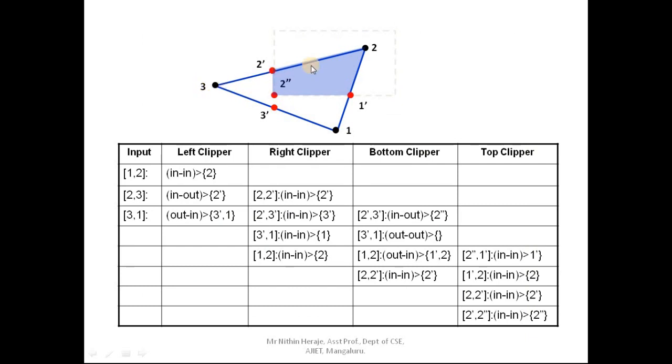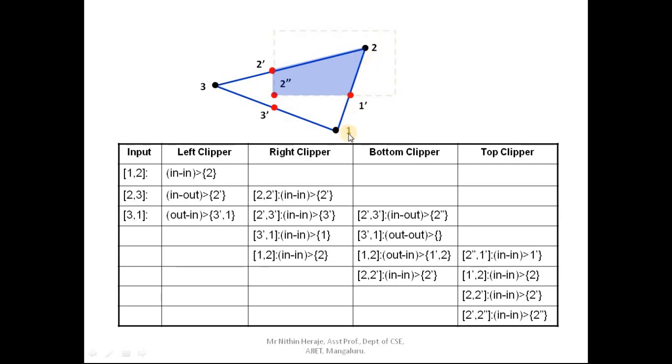So we are having this 1 2 3 as the polygon, and you know that the intersection points are 1 dash, 2 dash, and here it should be 2 double dash. So this is the polygon that should be visible. First, let me input the first edge, that is point 1 to 2, and check which of the four possible cases this is.